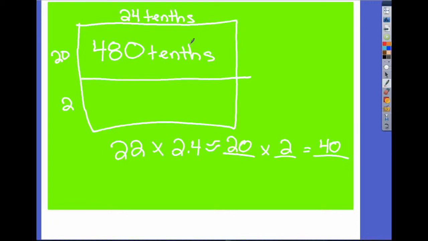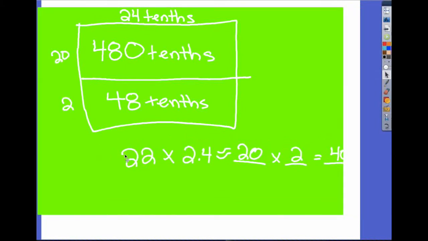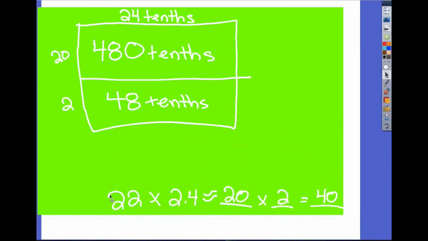Okay, 24 tenths times 2 would be 48, what? Now what do I do? Yeah, of course it's going to move that. There we go. Now what do I do? Connor?